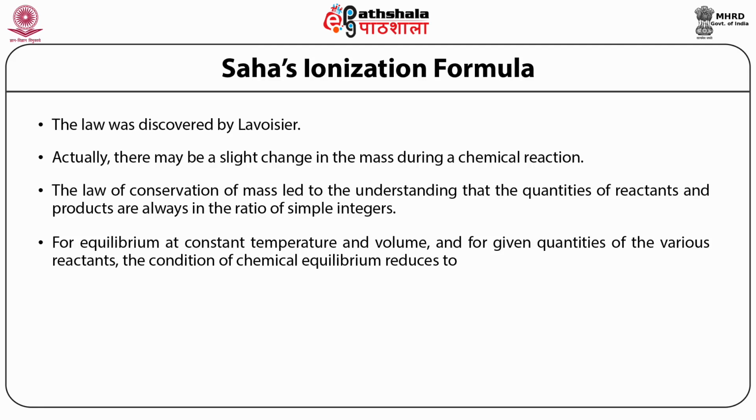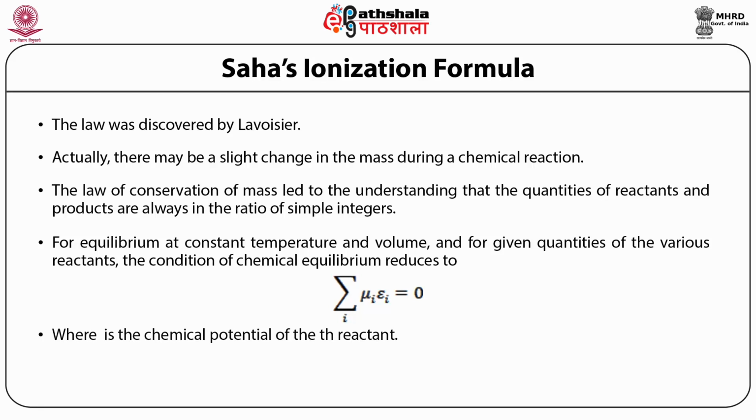For equilibrium at constant temperature and volume, and for given quantities of the various reactants, the condition of chemical equilibrium reduces to summation over i of mu_i epsilon_i equal to 0, where mu_i is the chemical potential of the reactant. Now, what is a chemical reaction and the chemical potential?